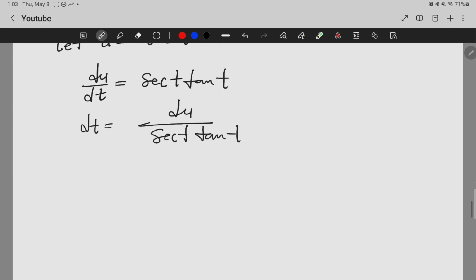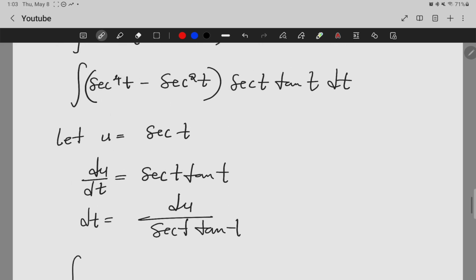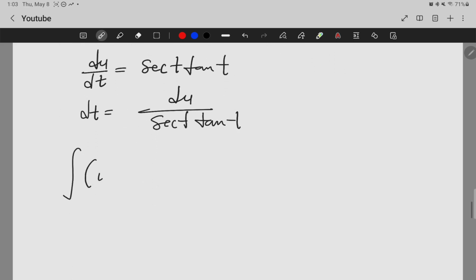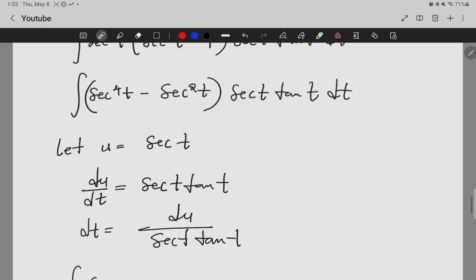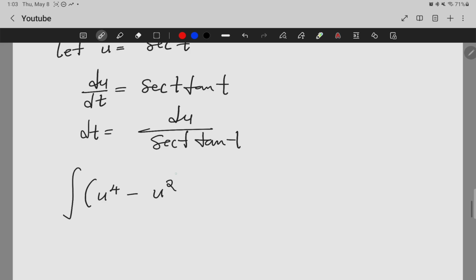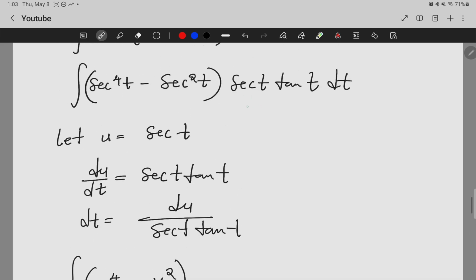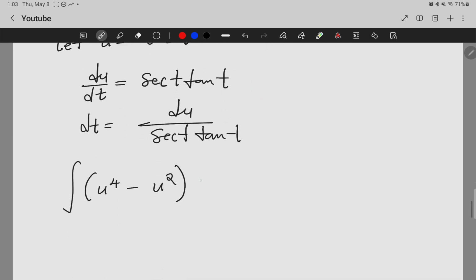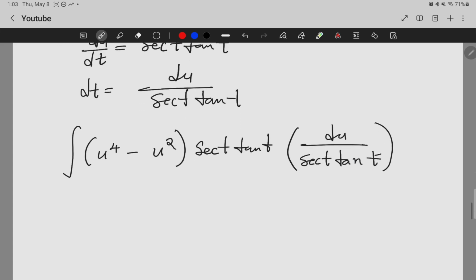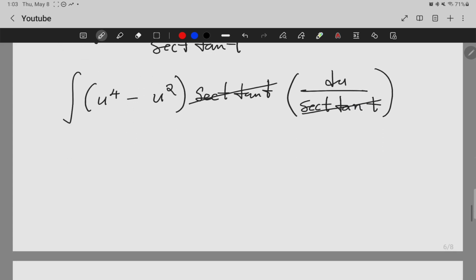When you make the substitution, sec to the power 4 is going to be u to the power 4 minus sec to the power 2, which will be u to the power 2. This one here we will not substitute because we are reserving it for the dt. So it will be sec t tan t, and where we have dt, we'll put du over sec t tan t. The sec t tan t and the sec t tan t there will cancel out, leaving us with the integral of u to the power 4 minus u to the power 2 du.